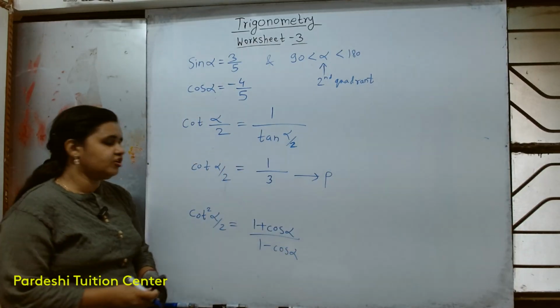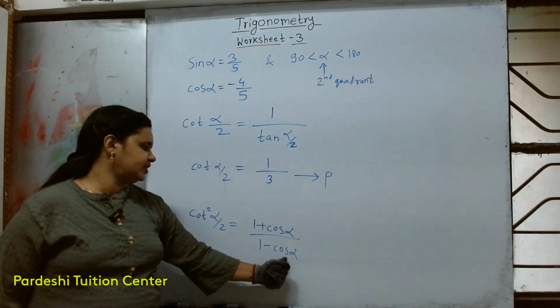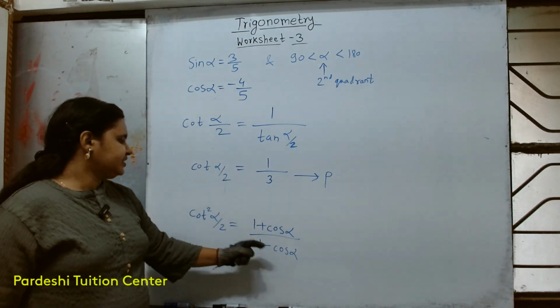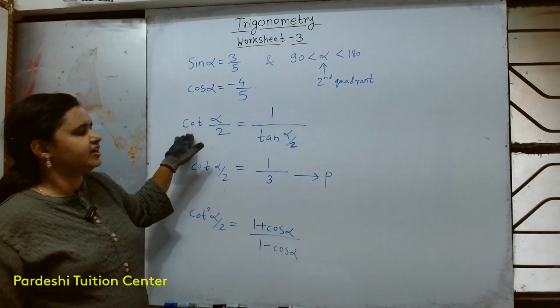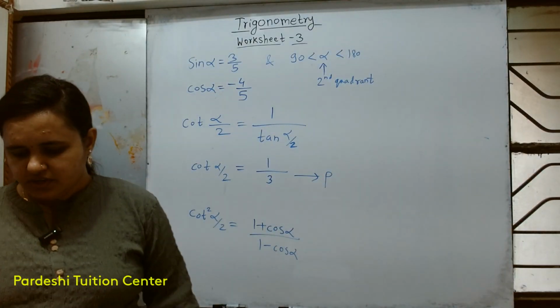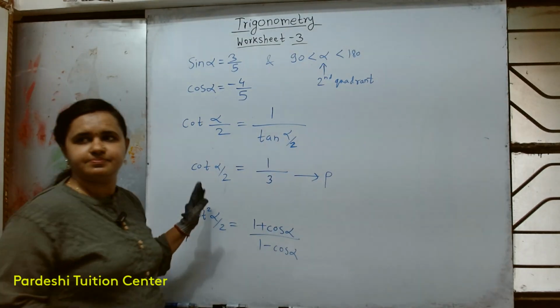You can also solve by this formula, cot square alpha by 2 equals 1 plus cos alpha upon 1 minus cos alpha. You can just put in the value of cos alpha and calculate. You can solve by this method also. Now cot alpha by 2 we have got as 1 by 3.